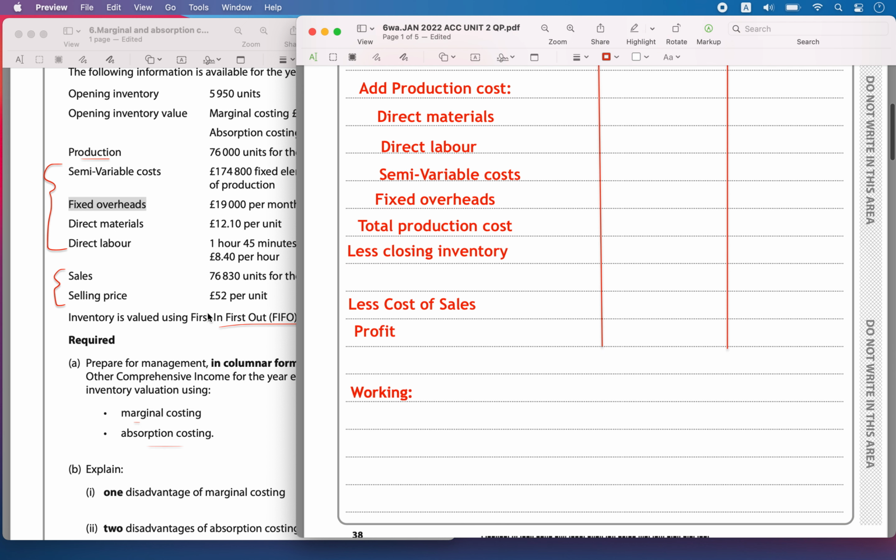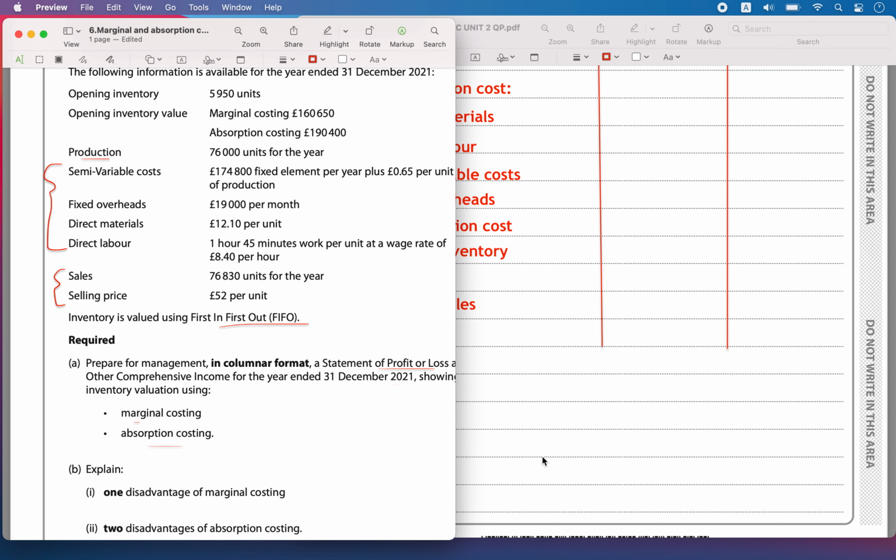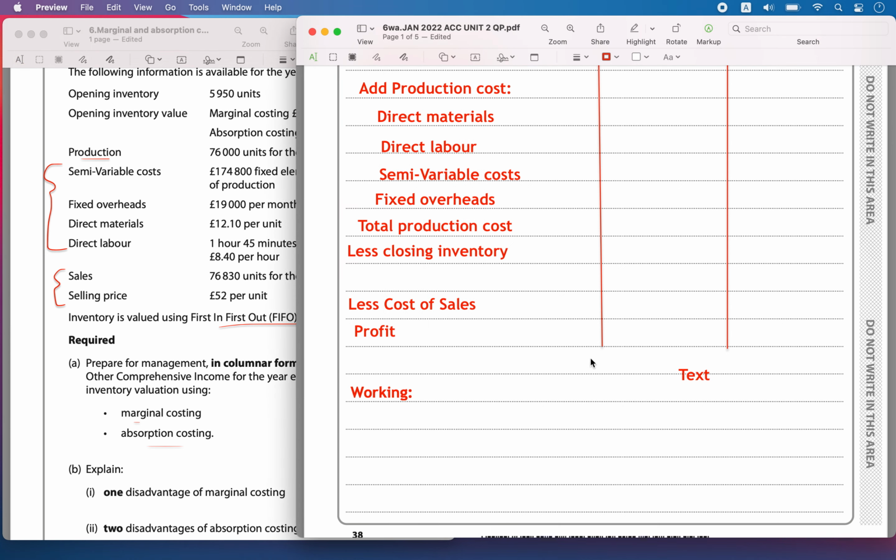So now let's calculate the revenue first. Revenue is equal to the number of units sold into the selling rate per unit.